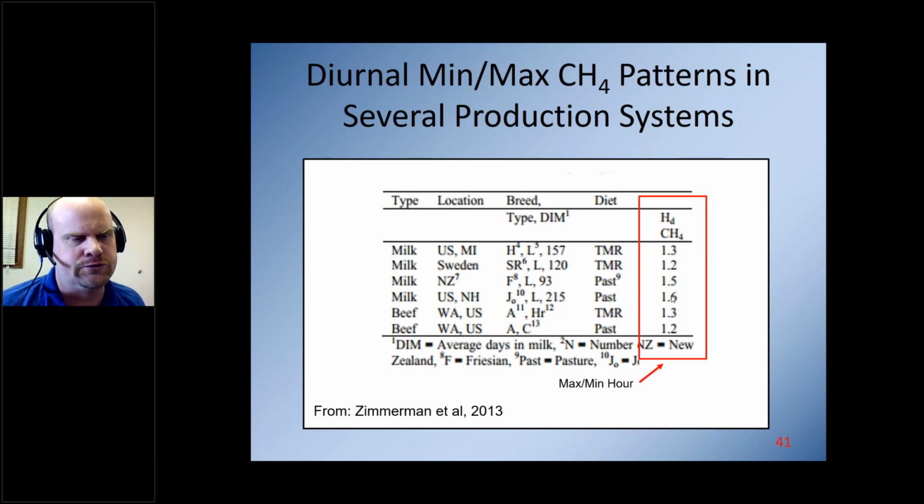That's good news for the GreenFeed because it means that we can measure with fewer spot samples over the course of the day and still have a relatively accurate result of the total average emissions for that animal.